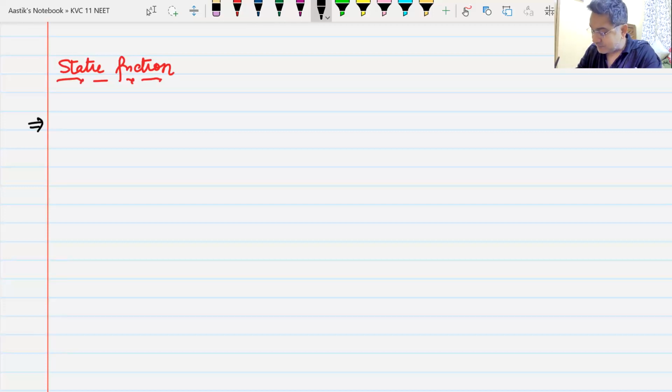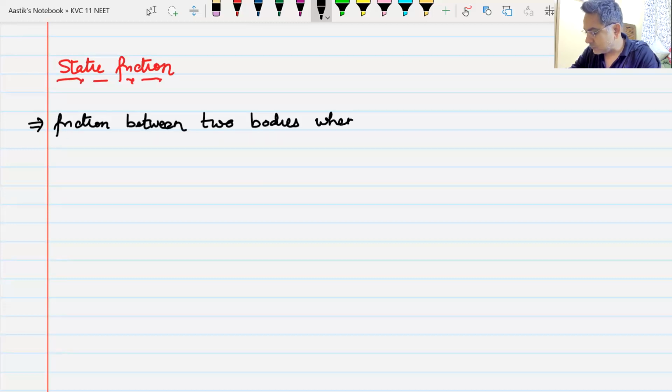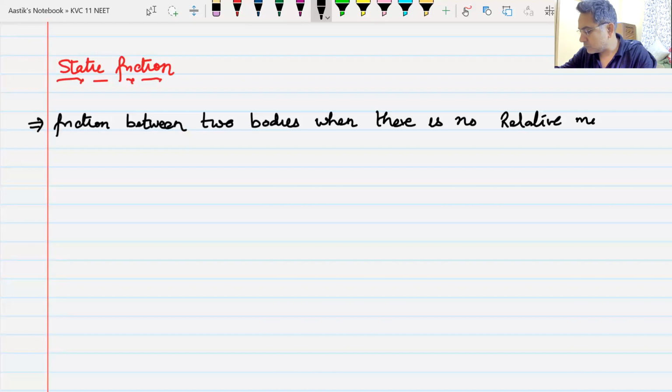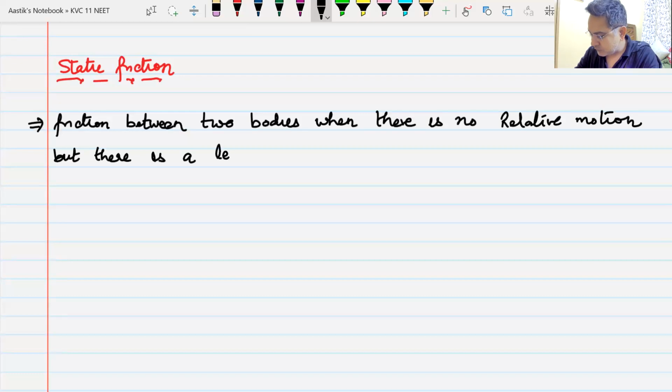Yes, beta. So static friction is the friction between two bodies when there is no relative motion, but there is a tendency.